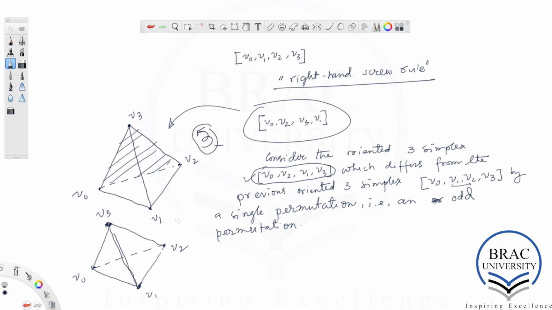So I'm denoting this 3 simplex by V0, V2, V1, V3, and the orientation is given by a spiral arrow directed downwards.